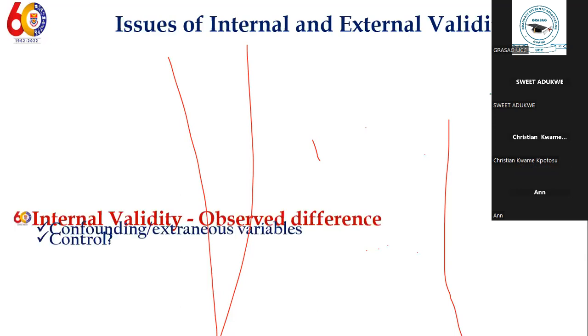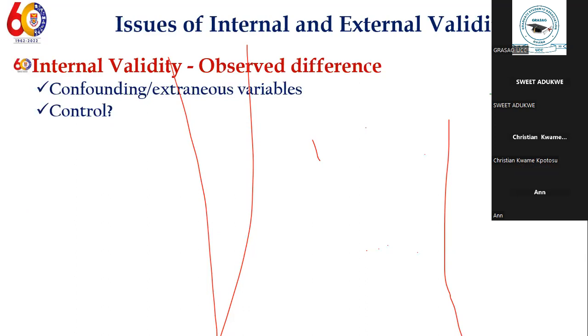So that is the issue about validity in experimental research. The first one is the internal validity. So the observed differences or the observed change in the behavior of your individuals at the end of your treatment, is it as a result of other variables, let's say extraneous or confounding variables? For example, you gave a group of students a pre-test before you introduce an intervention.